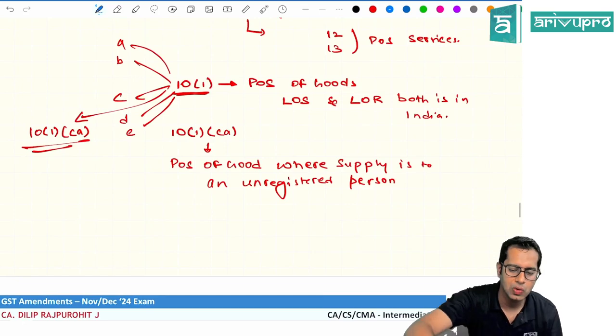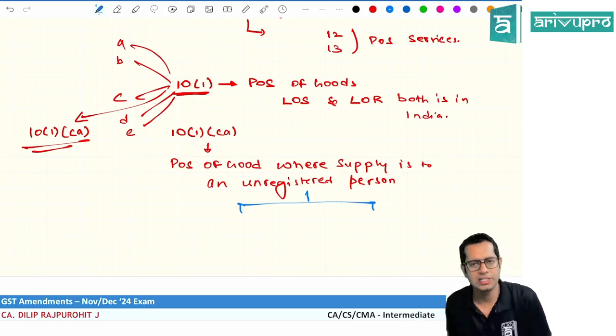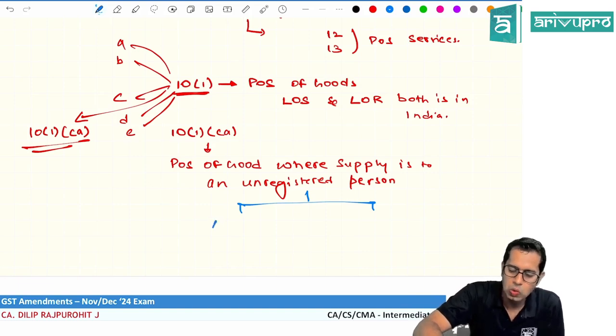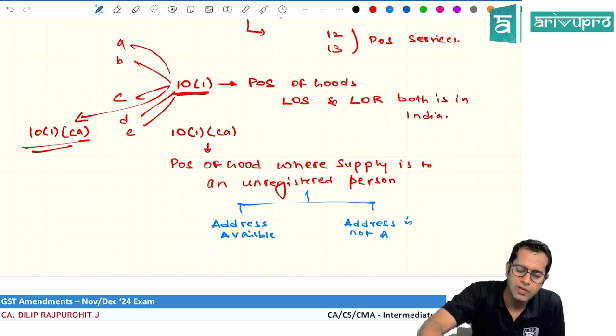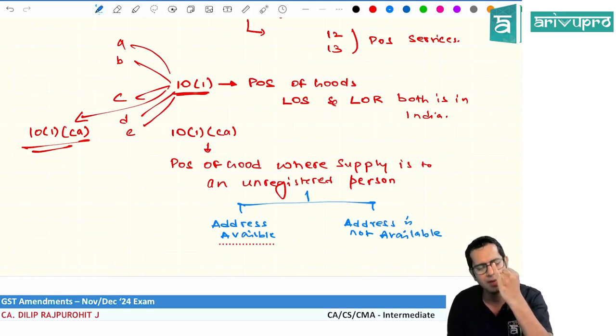Whenever you make a supply to an unregistered person, there are two possibilities. I'll give an example. Let me just write the provision first. The address of that unregistered person is available with you, or the address of that unregistered person is not available with you.